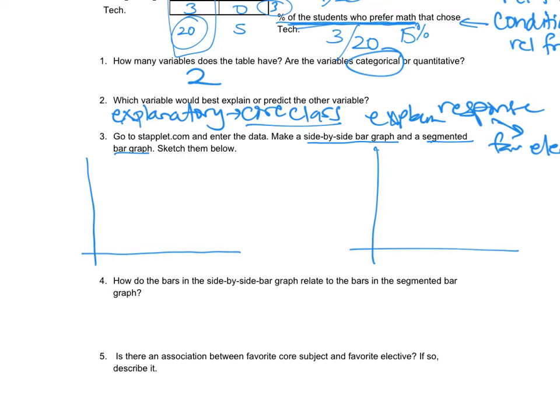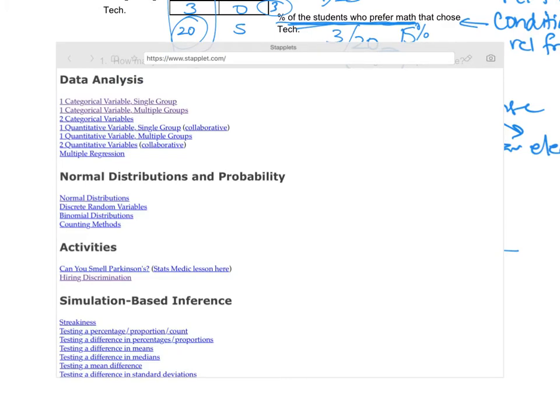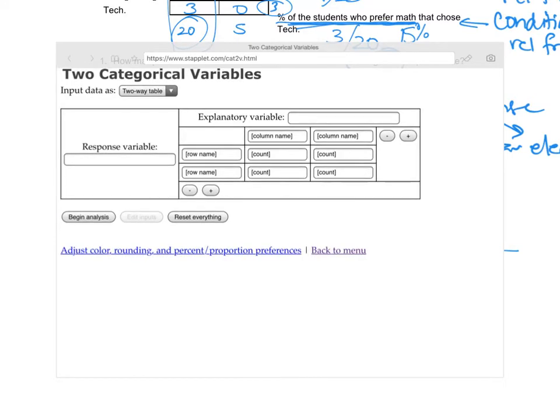Okay, so here we go. Let's go back to the browser. And we'll go to Statplet again. This time we're going to pick 2 categorical variables. There we go. Okay, 2 categorical variables. So the explanatory variable we said was core class. Just write core.